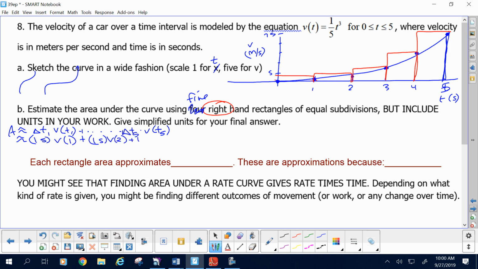And then 1 second v at 3. And then 1 second v at 4, and then 1 second v at 5. You follow? Okay, all right. So now here's the goal. 1 second, v of 1. What's v of 1 with units?